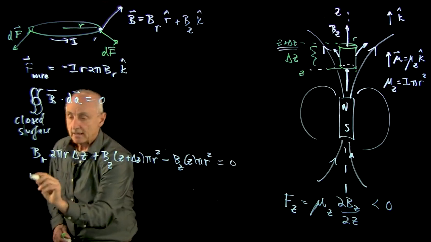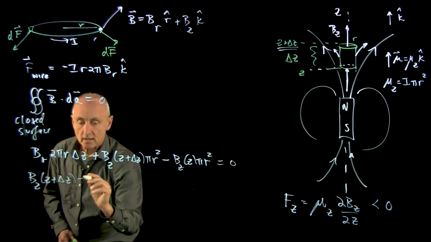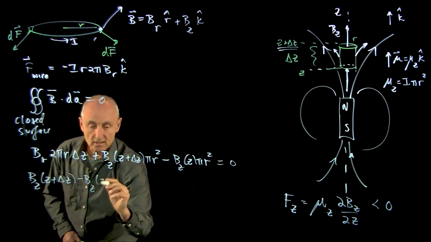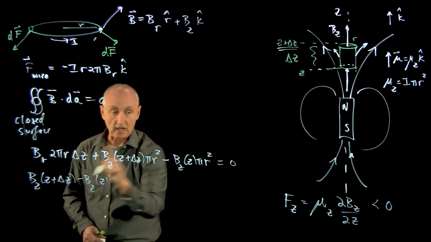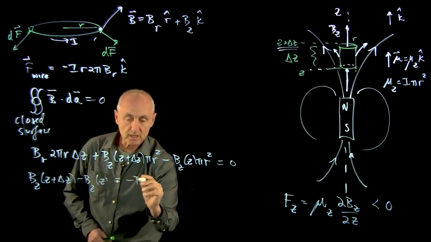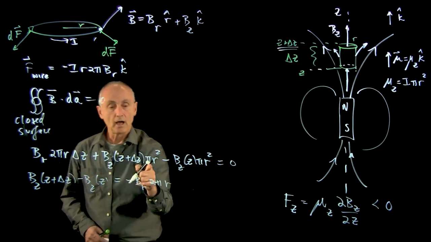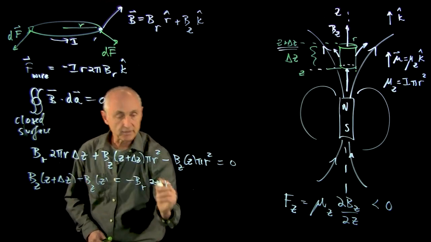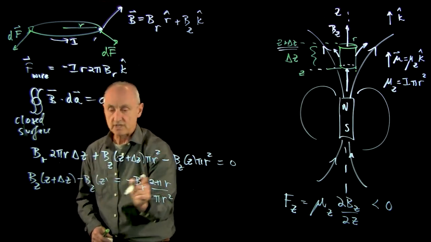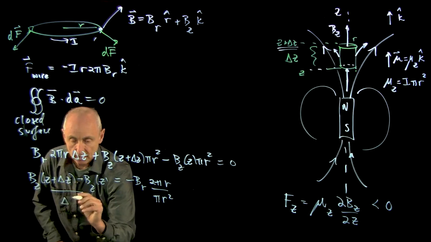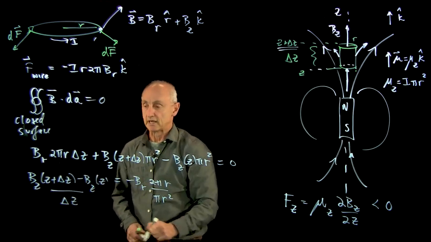Now, I can write that as Bz of z plus delta z minus Bz of z, that's these 2 pieces. I'm going to bring this term to the other side, so that's minus Br times 2 pi r. I'm going to divide by the pi r squared, and I'm going to divide by this delta z on that side. So this is rewriting the conservation of magnetic flux.